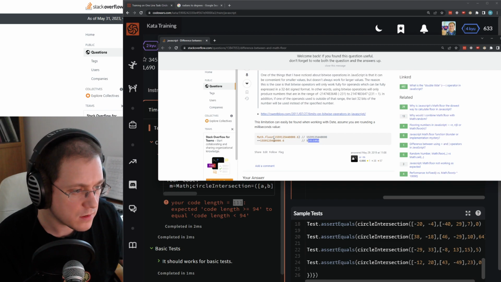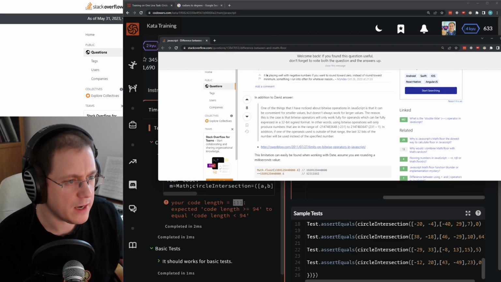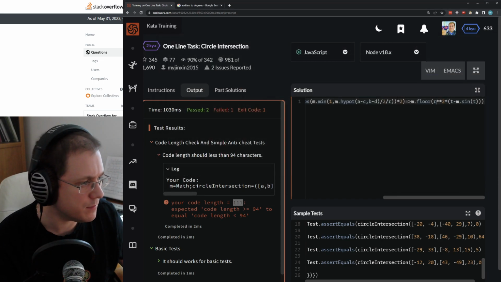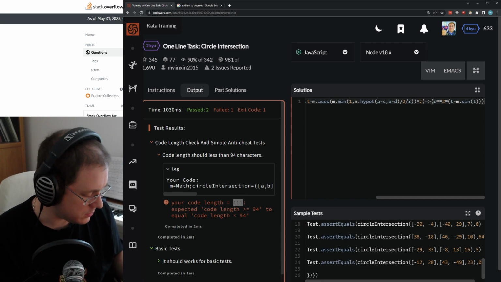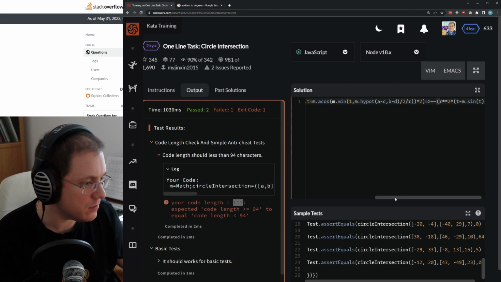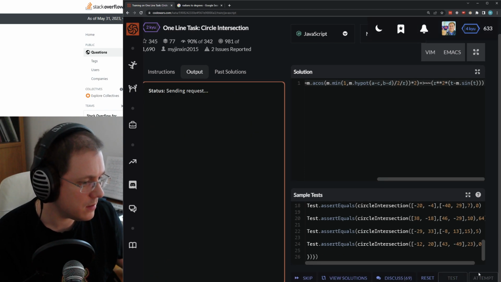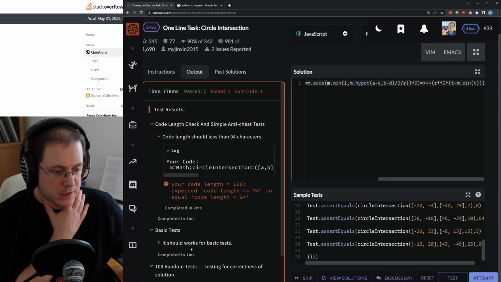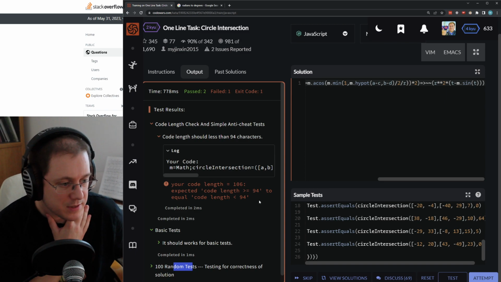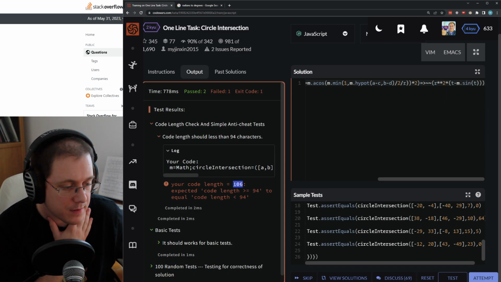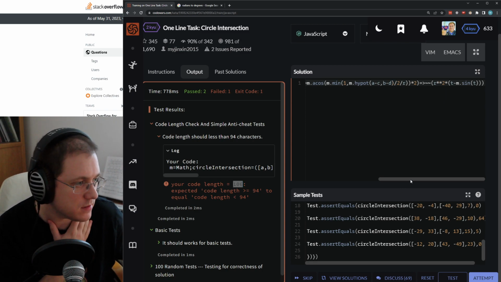Oh, that's weird. Now I've got a feeling you can kind of substitute tilde for a floor in some cases. So let's give that a try. Attempt. Well, it passes all the tests. So we just need to get rid of 12 more characters.